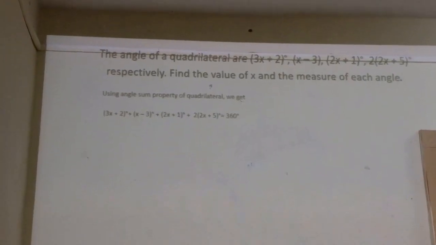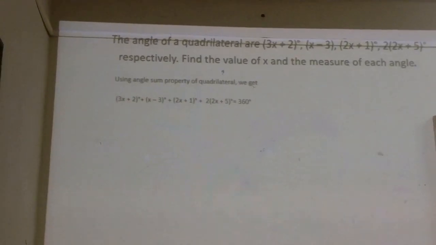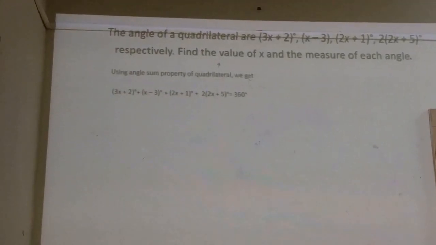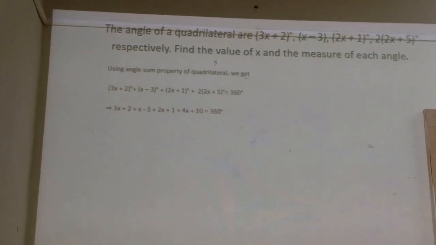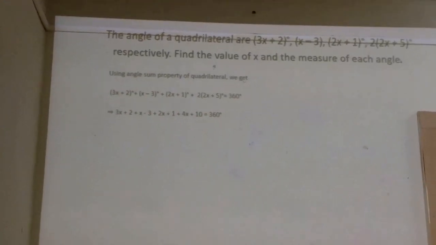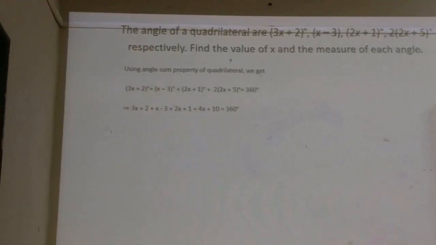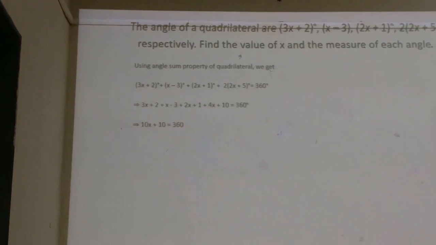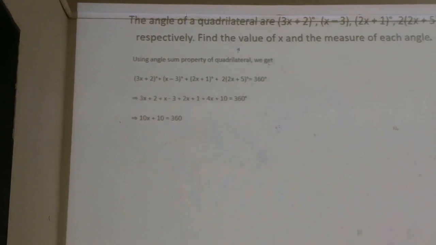Okay. By using angle sum property, what we have to do? We have to add all these 4 angles. So addition will be 360 degree. Then we can add the similar terms, that is 3x we can add with the x, then again add with the 2x, right? Then we will get the answer 10x plus 10 is equal to 360 degree.